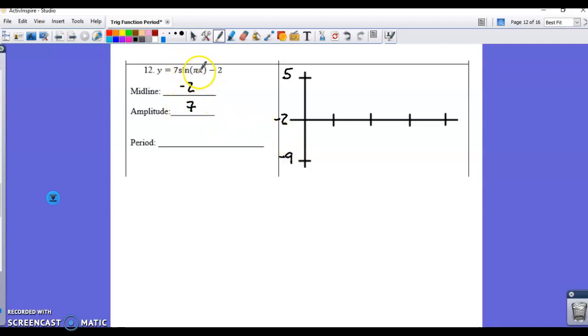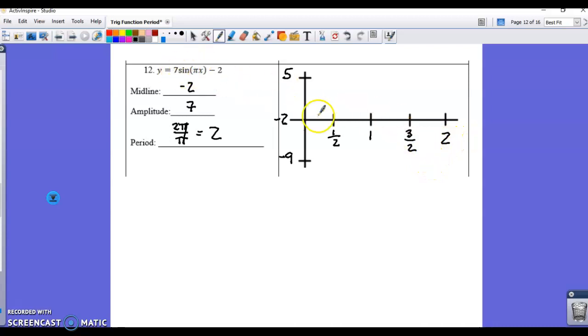And then the period, there's a pi there with the x, so it's 2 pi divided by pi, which is just, the pi's cancel out, 2. So this just has a period of 2. So half would be 1, 1 over 2, 2 over 2, 3 over 2, then 4 over 2.